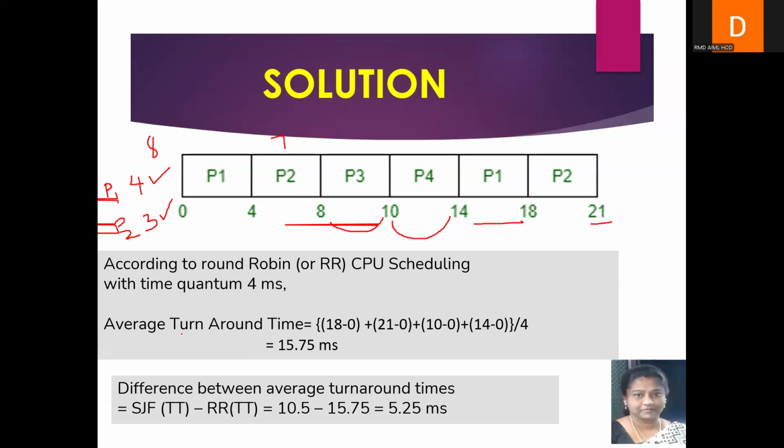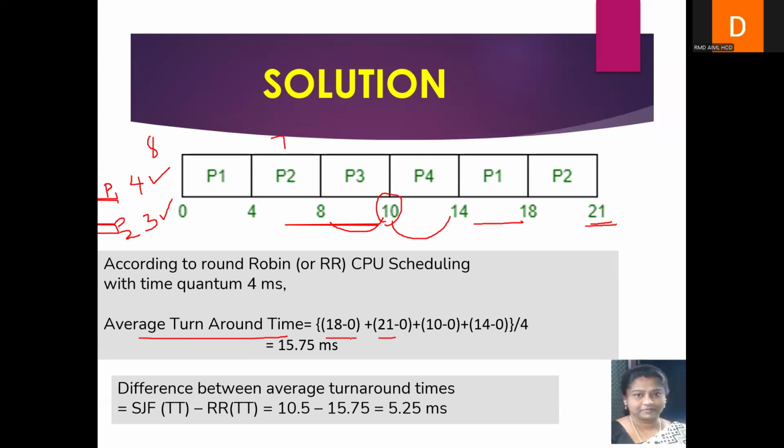Now let's compute the average turnaround time. So when does P1 complete? P1 completes at 18. Here, of course, arrival time is 0. So we say it as 18 minus 0. Now when does P2 complete? P2 completes at 21. Therefore, it's 18 plus 21. When does P3 complete? P3 completes at 10.